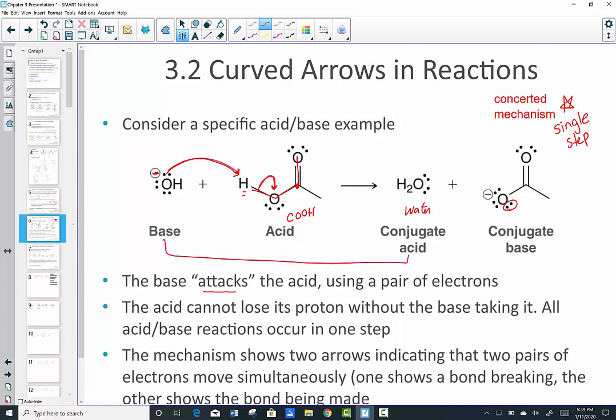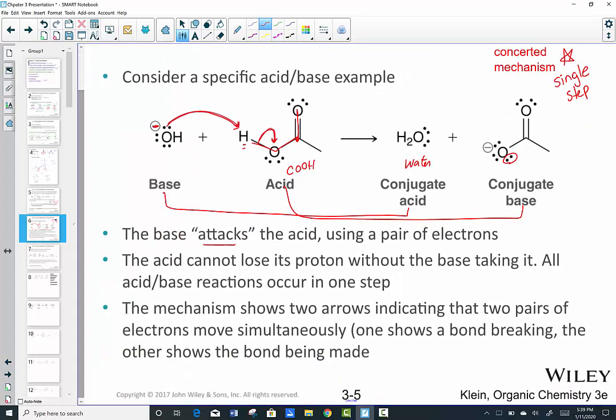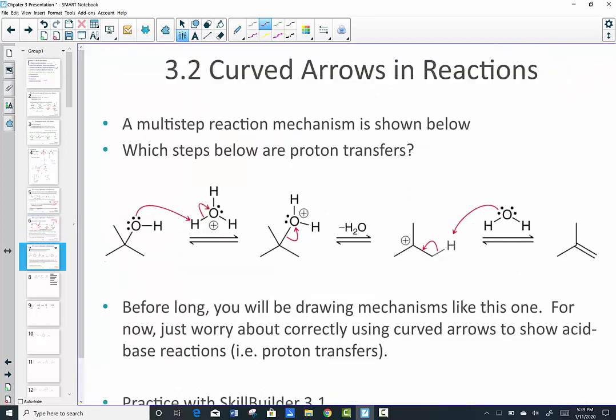Remember, the acid cannot lose its proton without the base taking it. All acid-base reactions occur simultaneously, even though there's two arrows, they occur at the same time. Now, sometimes, in a future mechanism, you might see an actual multi-step mechanism that involves multiple steps.